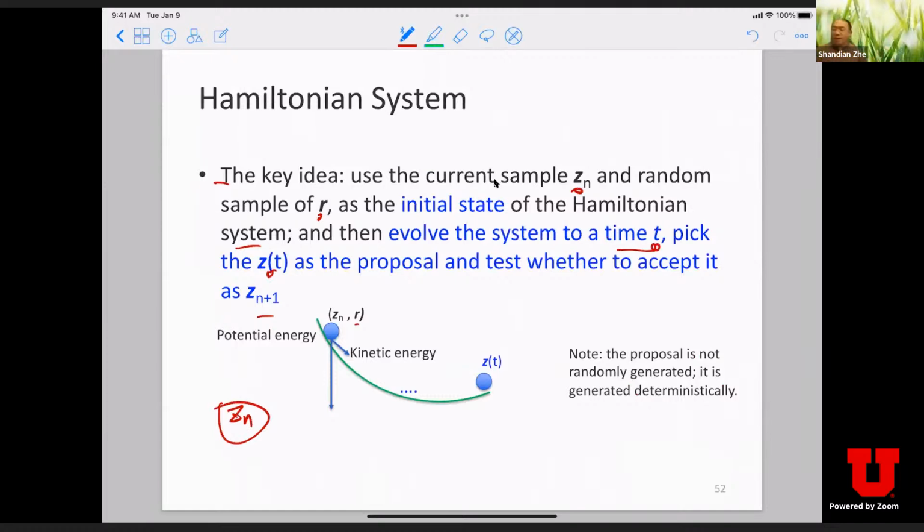That means I have a given initial position and initial velocity for this ball. I evolve this system to a particular time t, which you choose, and read out the position of the ball. Then we use that as my proposal for Z. Then I conduct a Metropolis-Hastings test to decide whether to accept this new proposal as my next sample.